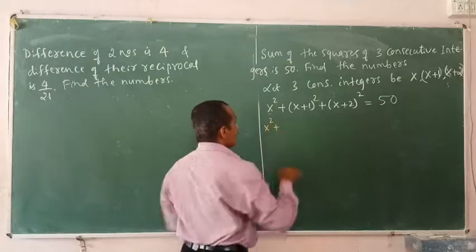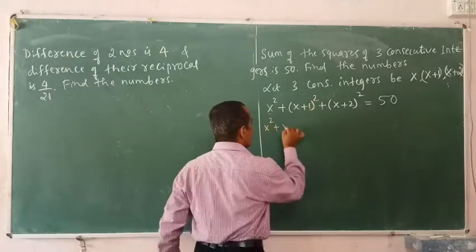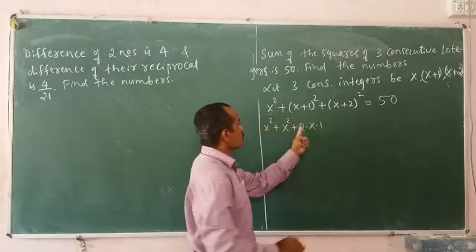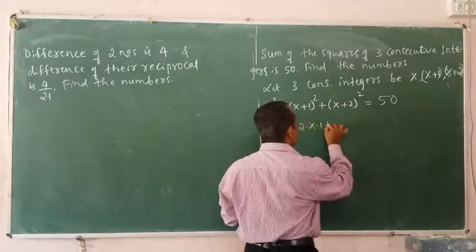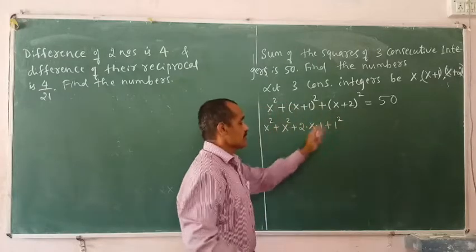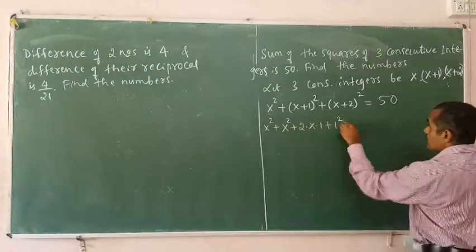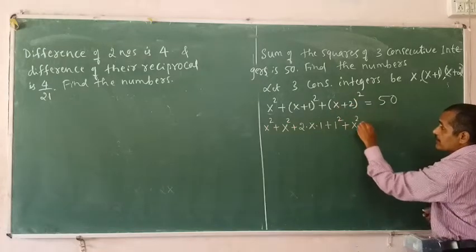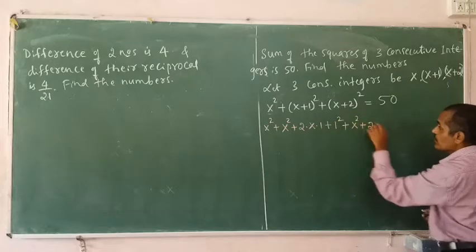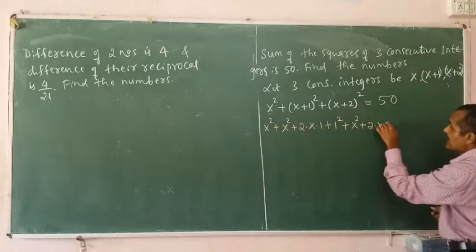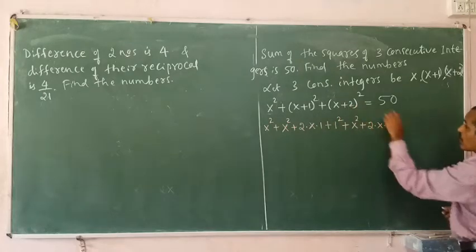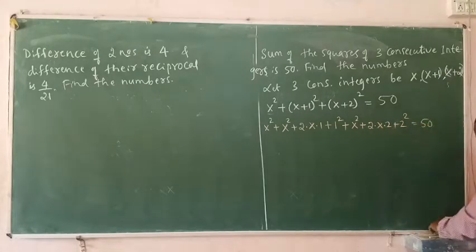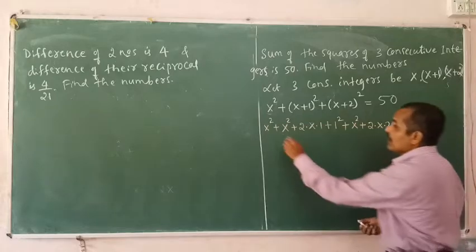I can go with the (a plus b) whole square formula: a square plus 2ab, that is 2 into a into b, plus b square, is equal to 50.